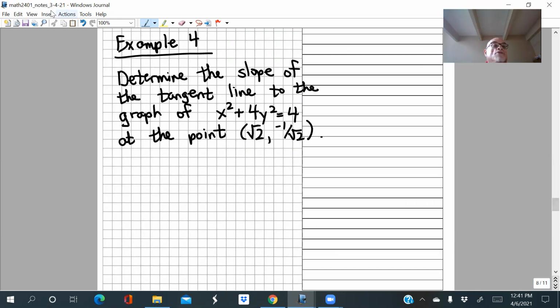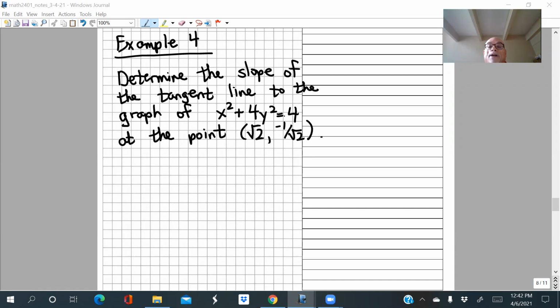Here's the one I'm going to let you try. So, when you graph this curve, you don't get a function. You get a nice graph. I think this is just a circle, or maybe it's not a circle but an ellipse. So something like that, but not a function. But still, we can find the tangent lines to this curve at various points.